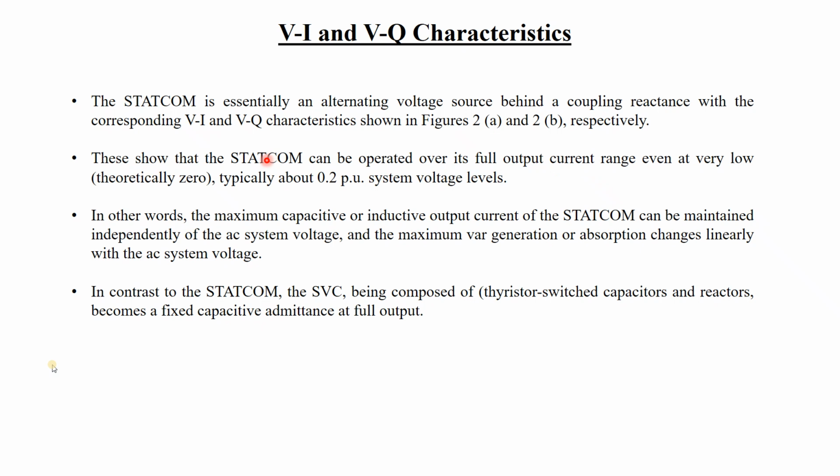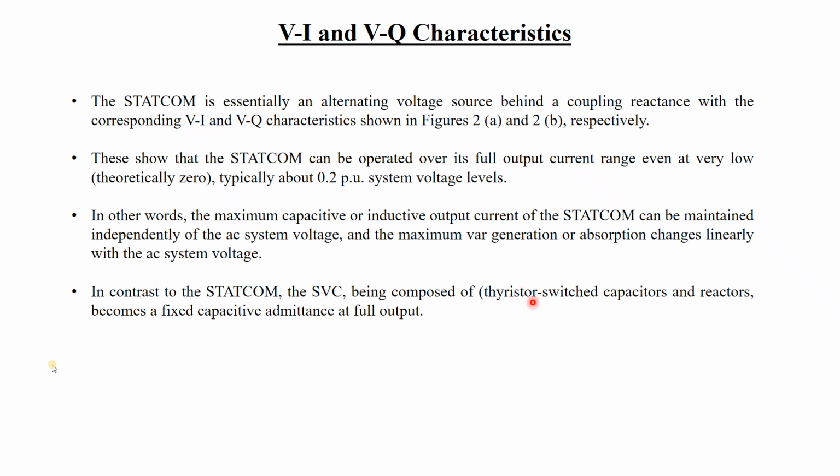In contrast to STATCOM, the SVC, being composed of a thyristor switch, capacitor and reactor, becomes a fixed capacitive admittance at full output. So you can see the major difference between these two: with STATCOM, as the system voltage increases, the compensation changes linearly, that is, the maximum var generation or absorption changes linearly with respect to the system voltage.